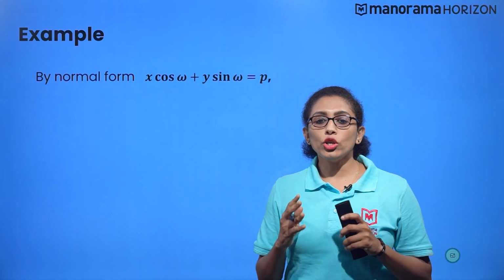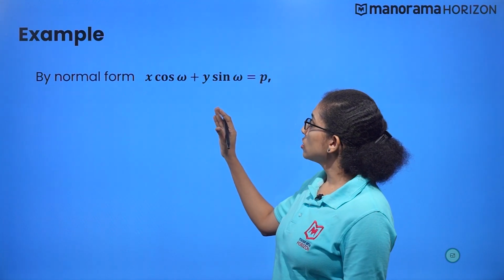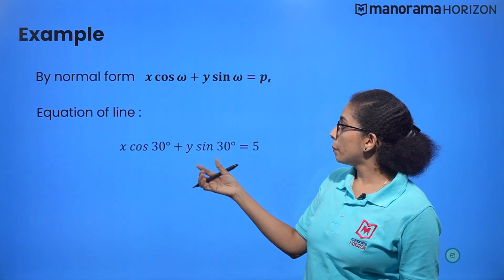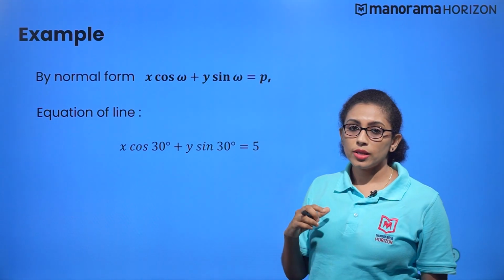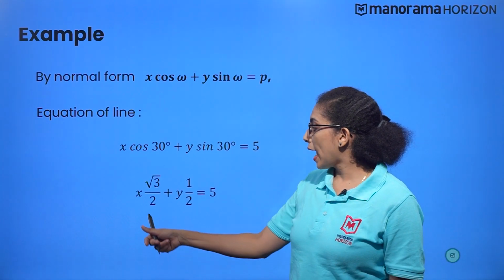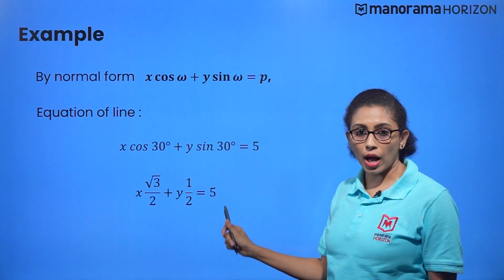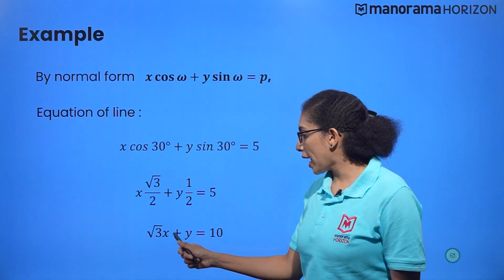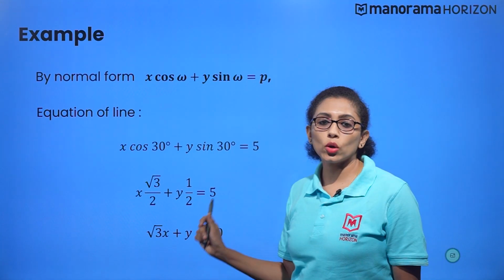So by normal form, the equation will be x cos 30 degrees plus y sine 30 degrees is equal to 5. Substituting the value, we get x into root 3 by 2 plus y into 1 by 2 is equal to 5. Again, root 3x plus y is equal to 10. And this is the required equation.